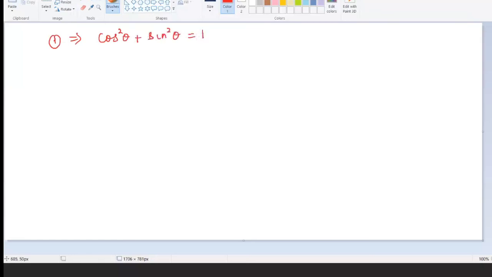Now what will happen if I divide this by cos square theta? Everywhere I have to divide by cos square theta. So I get cos square theta by cos square theta plus sin square theta by cos square theta is equal to 1 by cos square theta.